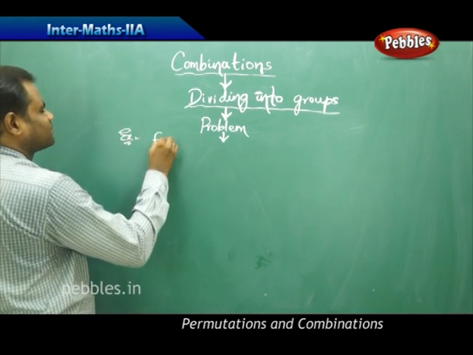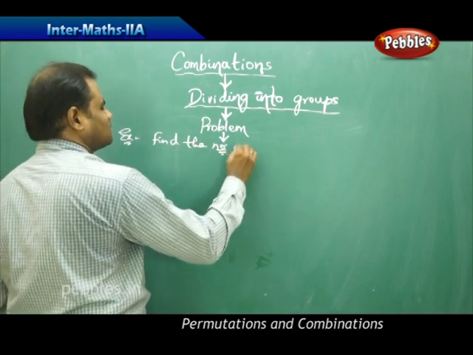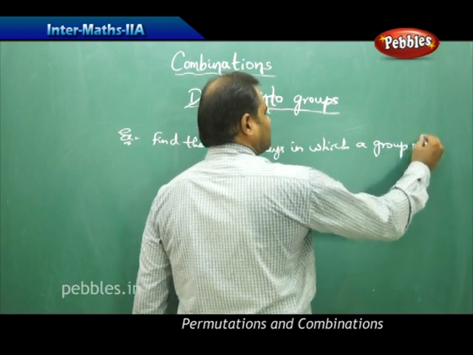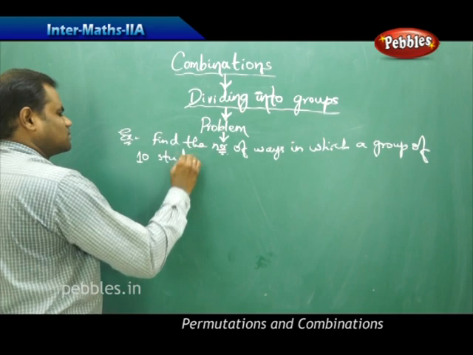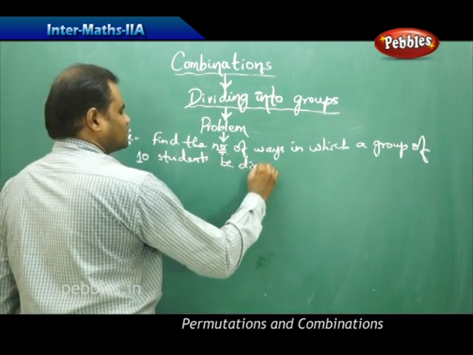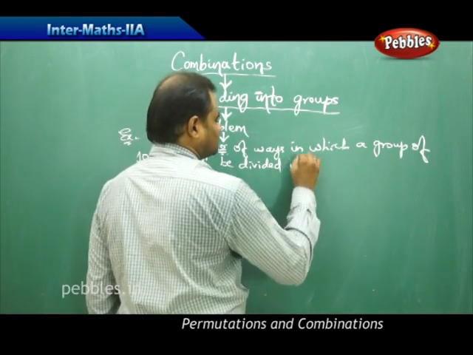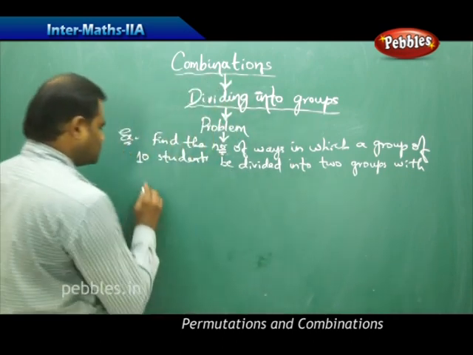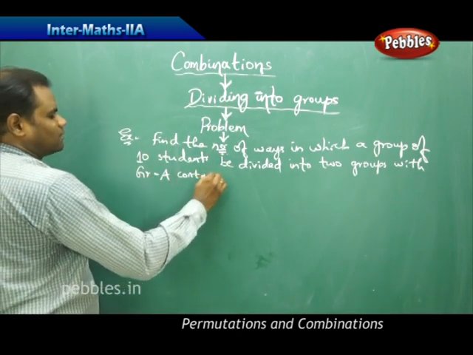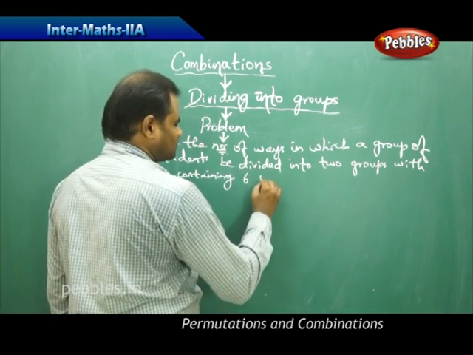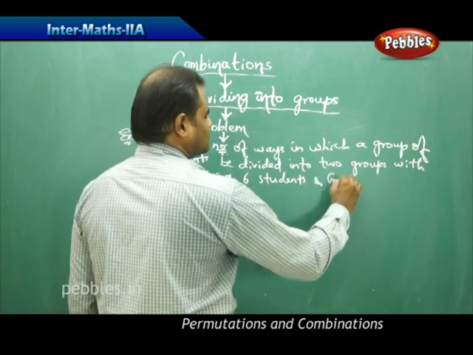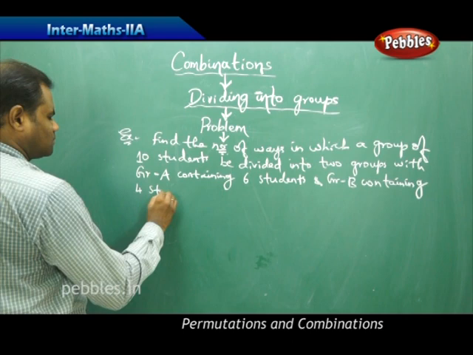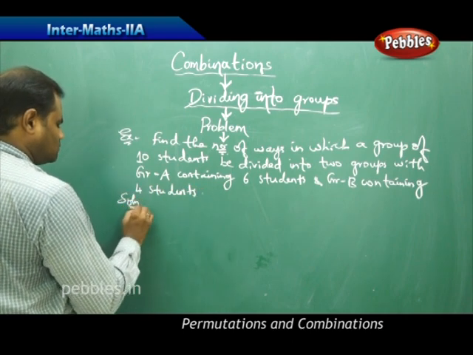So the question here says, find the number of ways in which a group of 10 students can be divided into two groups with group A containing 6 students and group B containing 4 students.